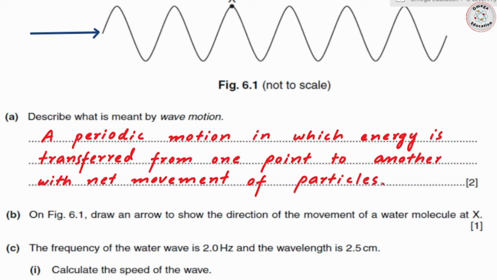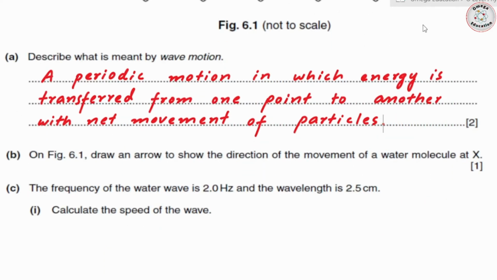So this is how we define the wave motion, and these are in the terms that are appreciated or encouraged and probably demanded by Cambridge. So make sure you're writing the keywords. The keywords in this one, first of all, a periodic motion, energy is transferred from one point to another, and, sorry, I missed the most important thing here, with no net movement of particles.